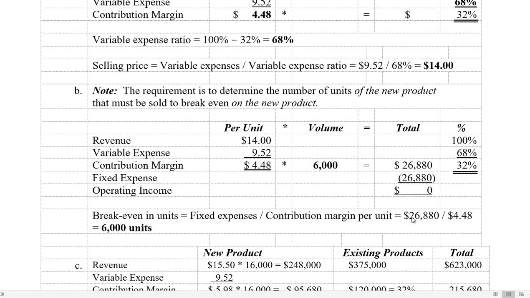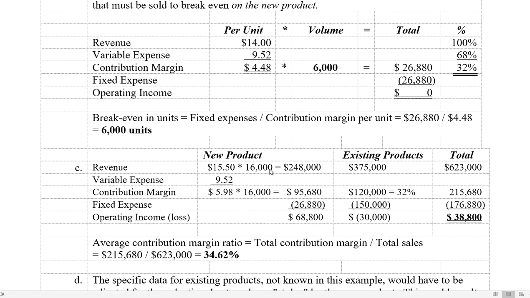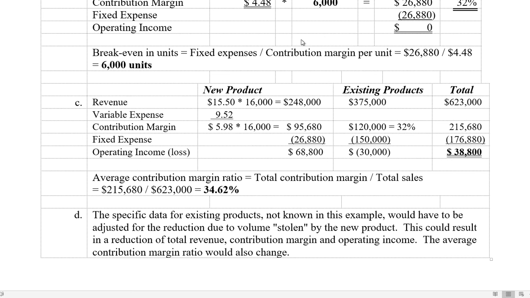Well, we can take that fixed cost and divide it by the contribution margin per unit, and we get the units that would be break even. So in this case, we got 6,000 units here, using the formulas that I gave you. You should have known that already.